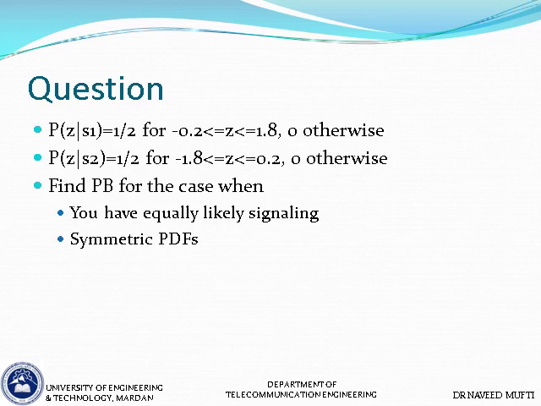Based on that, you have to use the optimum threshold and this equation for probability of bit error, and you can use either of the likelihood functions to determine the probability of error.